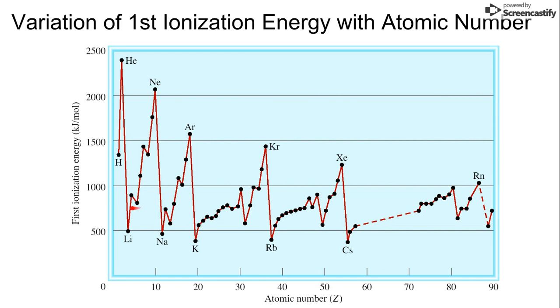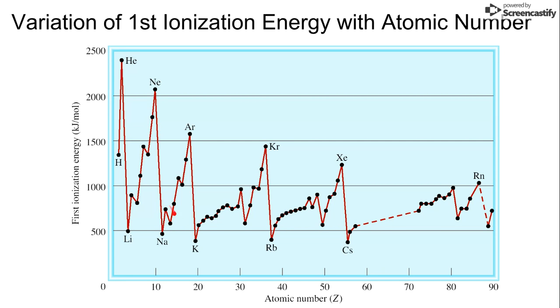So we're filling a new subshell here, and therefore there's a small dip in ionization energy. Right here, this is going to be 2p3, so it's got a half-filled subshell, and this is the first place that we have to pair. Oxygen's the first place we have to pair. And so therefore there's a little dip in ionization energy.